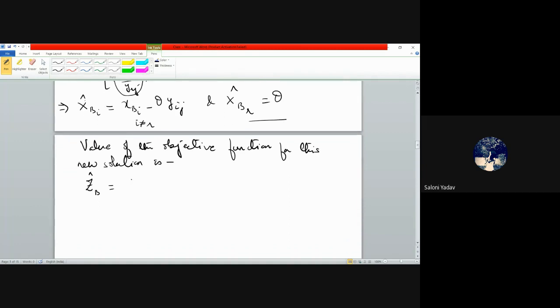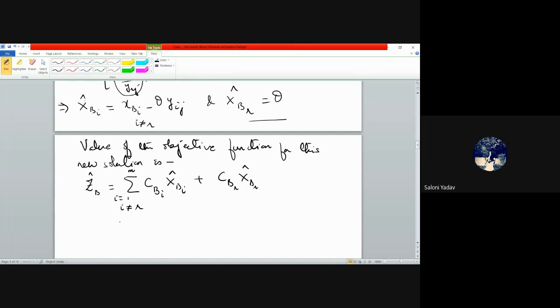Now what will it be? It will be the summation, CB times XB as we defined earlier, so it will be CBI XBI cap, I from 1 to M, but I not equal to R, plus CBR and XBR cap.